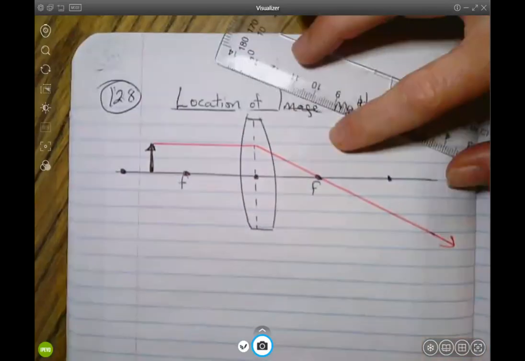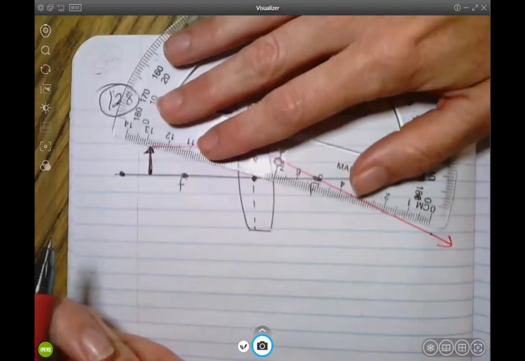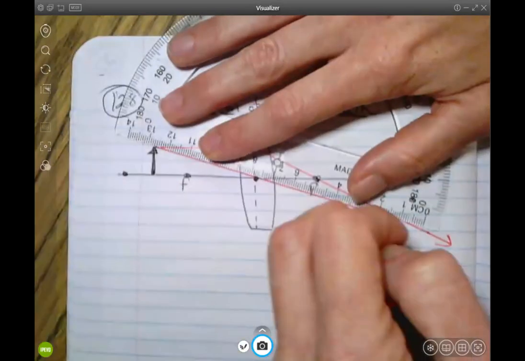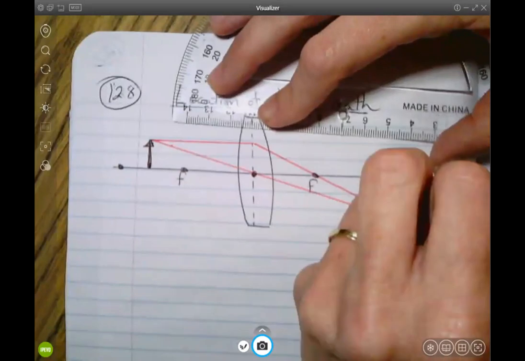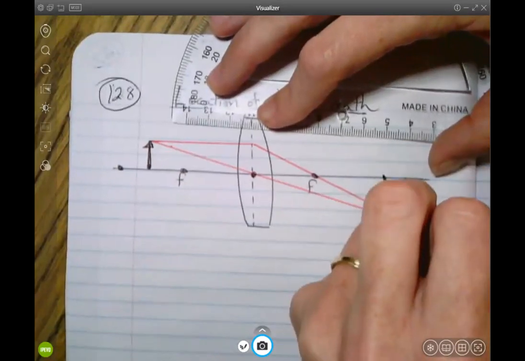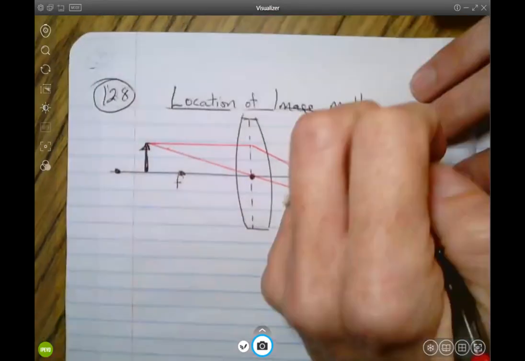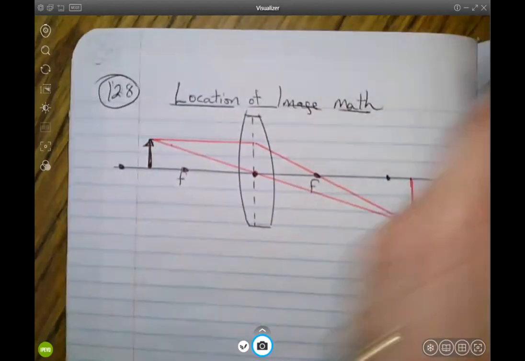Now, the second ray of light, if you remember, goes straight through the center. So straight through the center looks like this. You're going to go all the way down here so you can see where they cross and draw your image. So this is your image. Of course, this is your object.